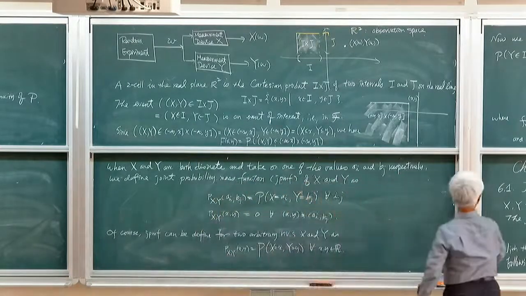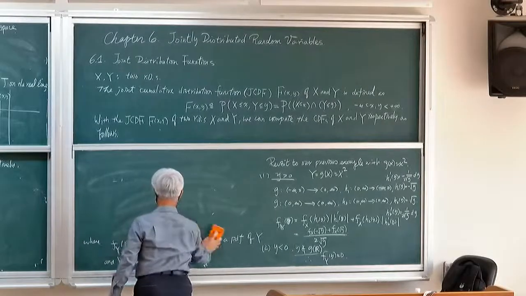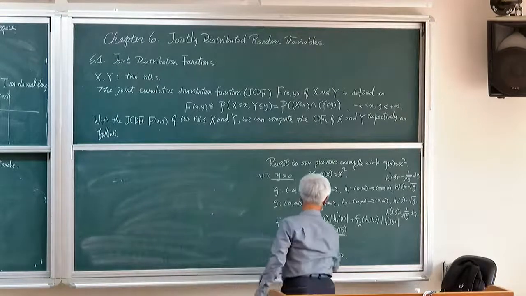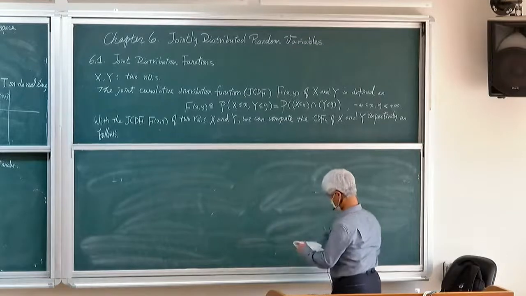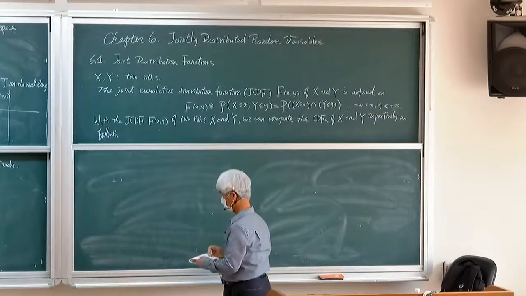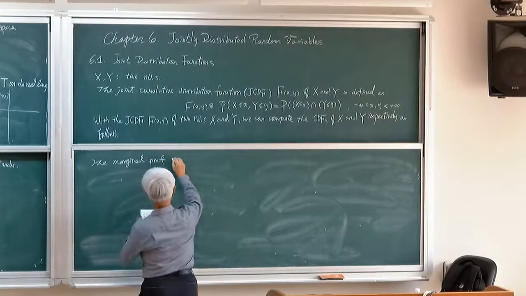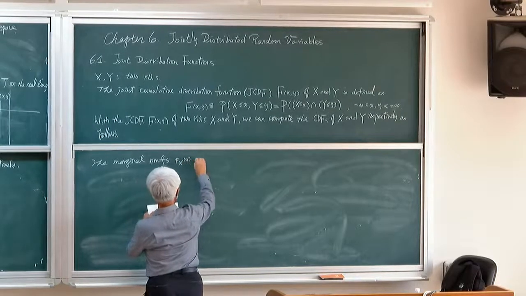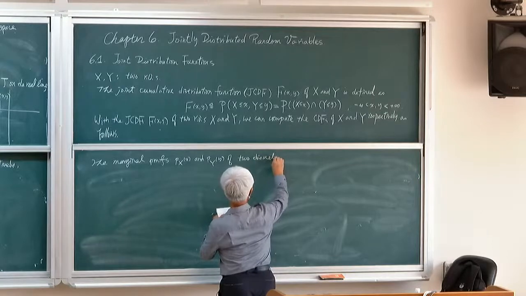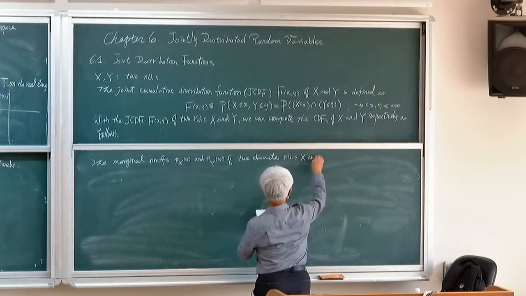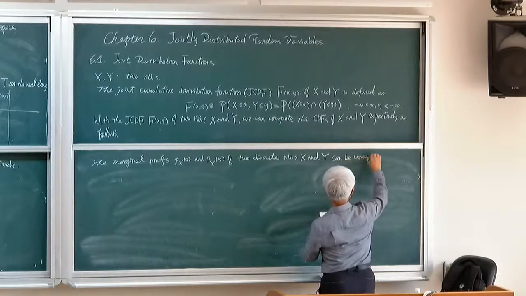Great. Now, the marginal PMFs, little p of X and little p of Y, of two discrete random variables X and Y can be computed as follows.